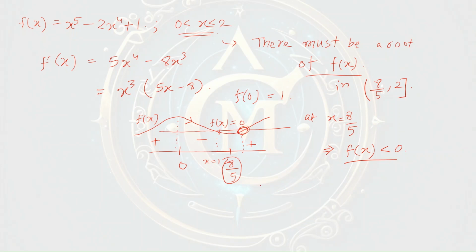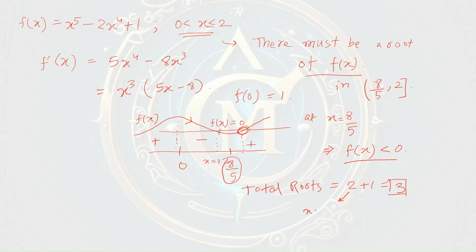That means the total number of roots that the given equation has is 2 plus 1, that is 3.